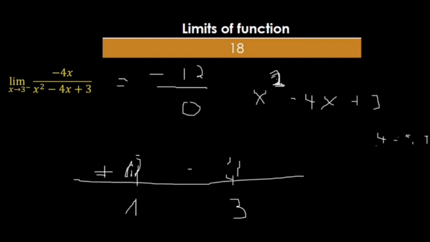You can take minus 1, that is positive. Between 1 and 3, for example 2, we have 4 minus 8 plus 3, so here is negative, here is positive. X tends to 3 minus is like this, and it's the negative part of it. Therefore, the answer to this one is equals to plus infinity.